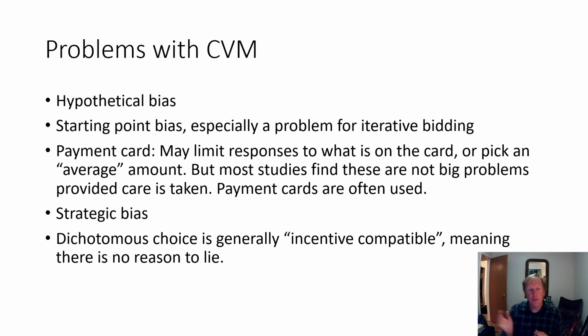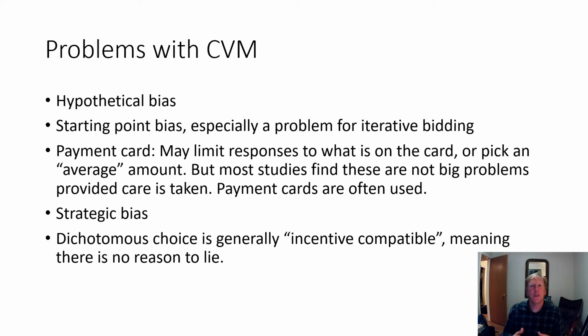Generally, we can design dichotomous choice questions and experiments that are called incentive compatible. It's possible to design some of these things so that there's no reason to lie. This is called incentive compatible. If you're really clever with the way that you design your questions and your survey, you're looking for something that's incentive compatible, where there's no reason to lie.